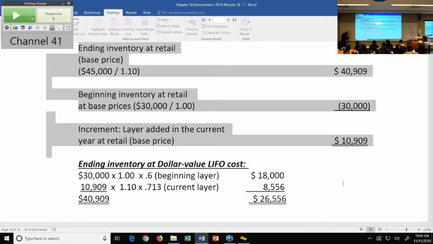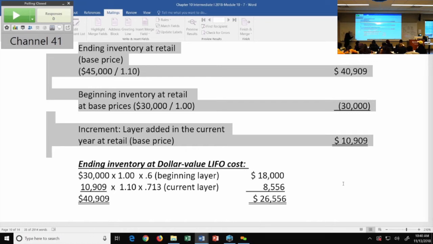And you don't really need a total here, but it's 42. And then you have the cost to retail ratio, and the dollar value. So that's the 18.